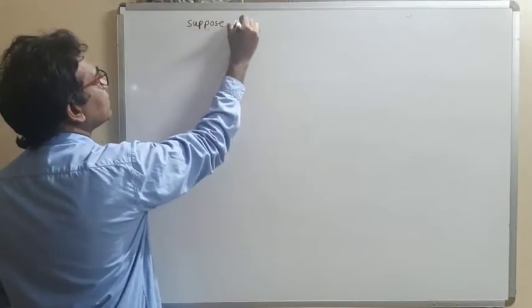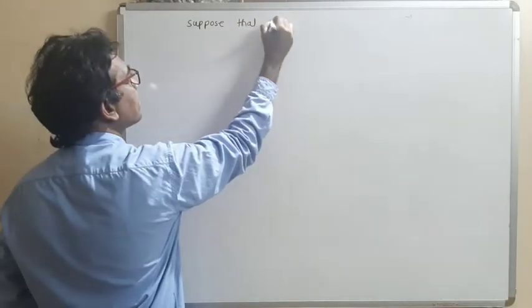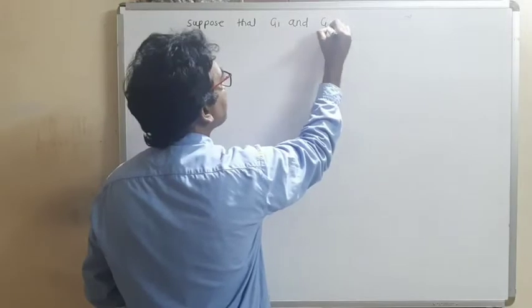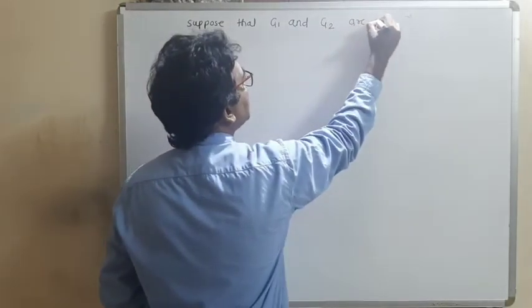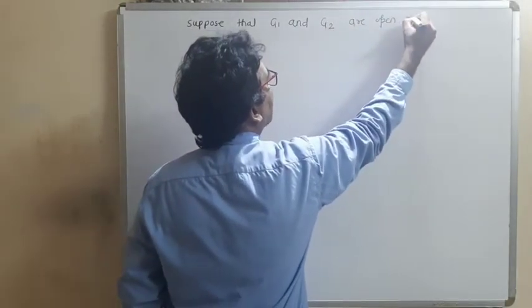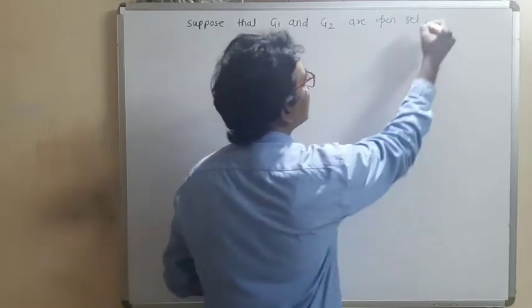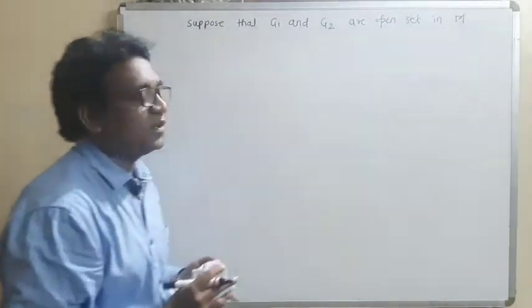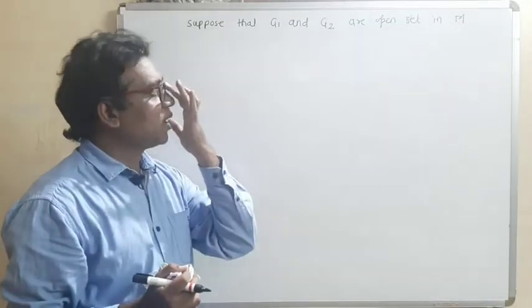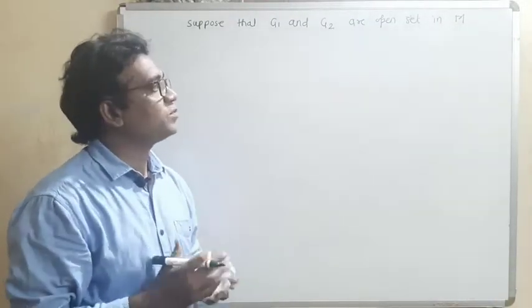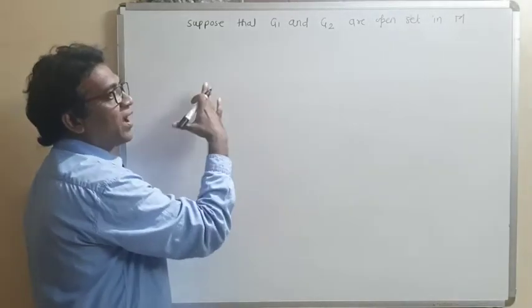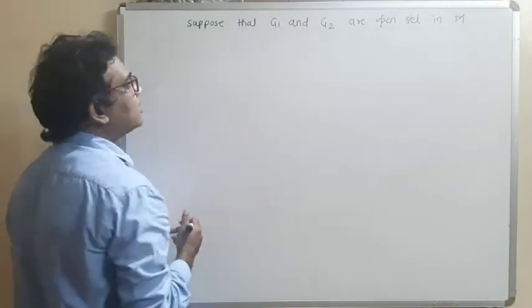Suppose that G1 and G2 are open sets in metric space M. So this is given. What is given? G1 and G2 are open sets in the metric space M. Now we want to show that the finite intersection of open sets is open.